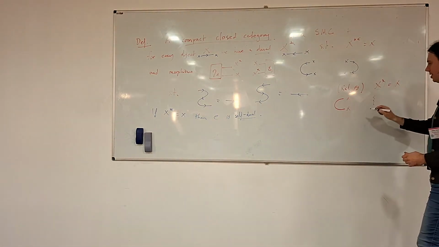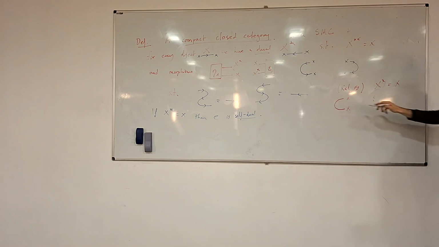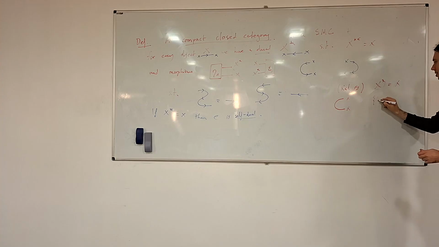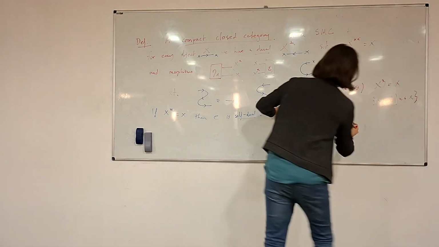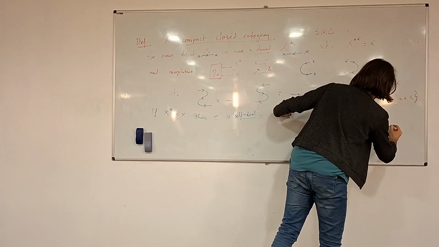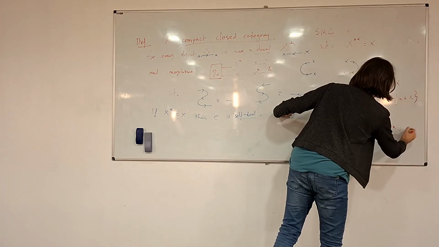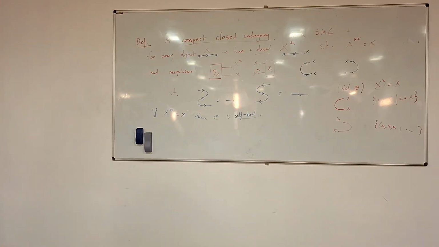This needs to be a relation between the one element set and x times x. So it's going to be (star, (x, x)), such that x is any element of x. And similarly for this one, so it's (x, x), star. Okay, so Rel is compact closed.